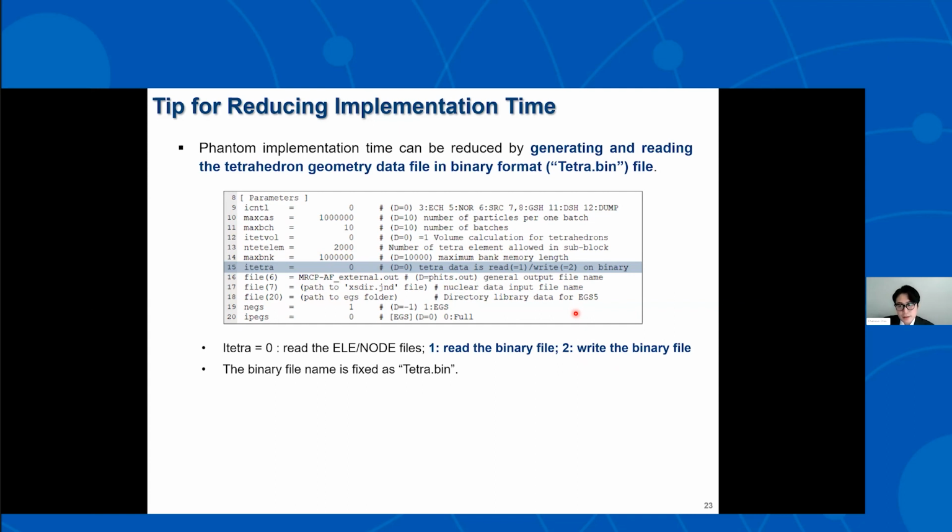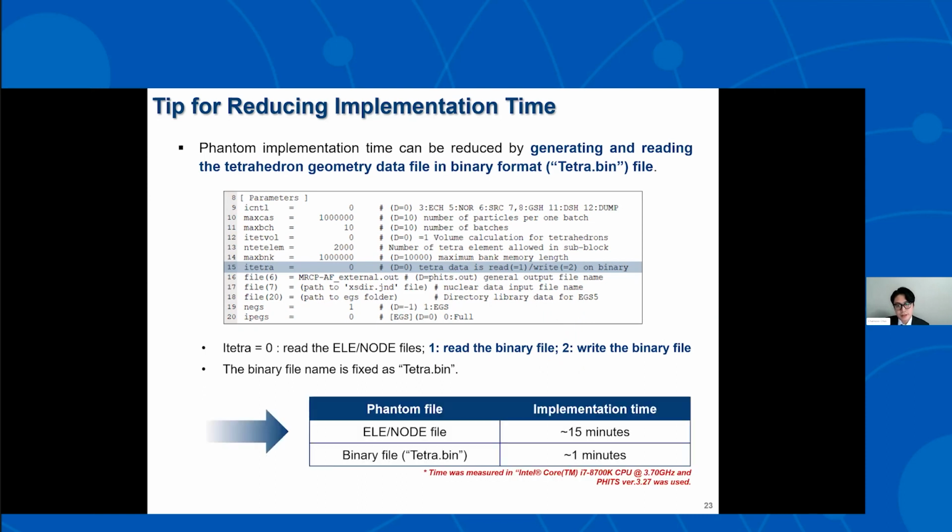After that, the users can use the created binary file to run the simulation by changing the itetra parameter to 1 and running again. Even if this initial task may be a little cumbersome, it can significantly reduce the implementation time from 15 minutes to 1 minute when performing multiple simulations.